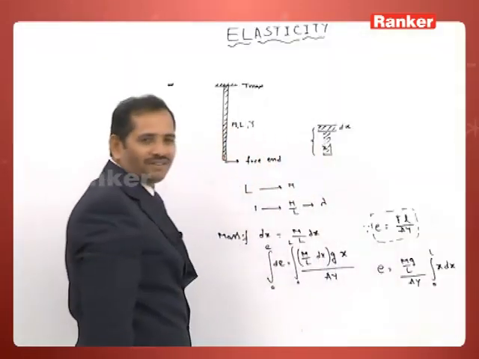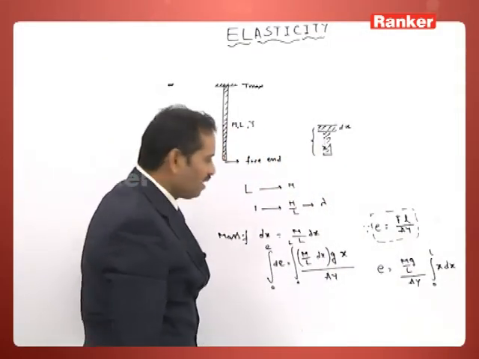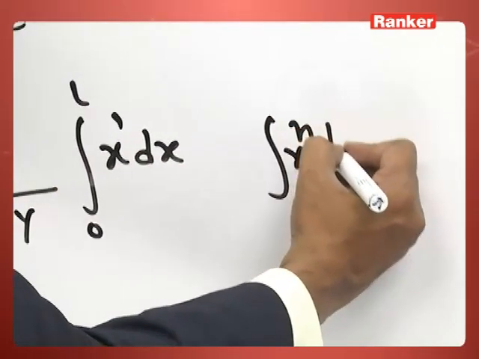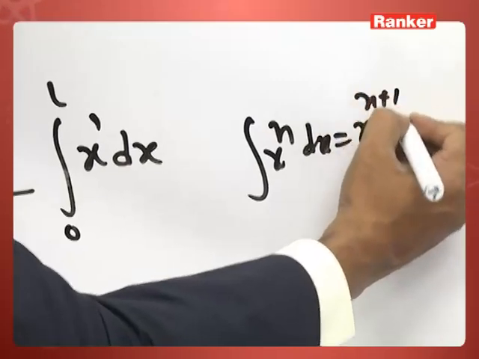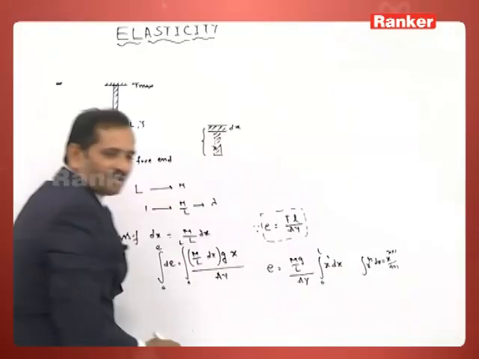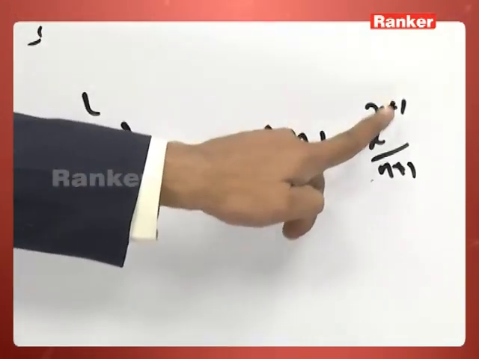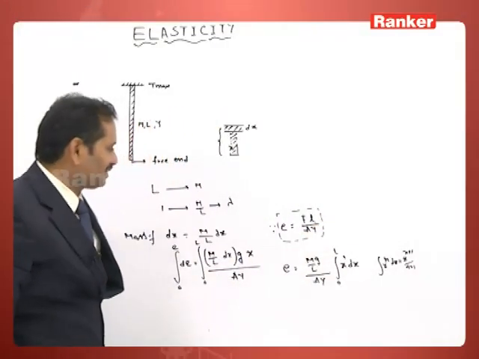Students, I think you know very well the integration of x dx. Integral of x to the power n dx equals x to the power n plus 1 by n plus 1. My request, please remember this.